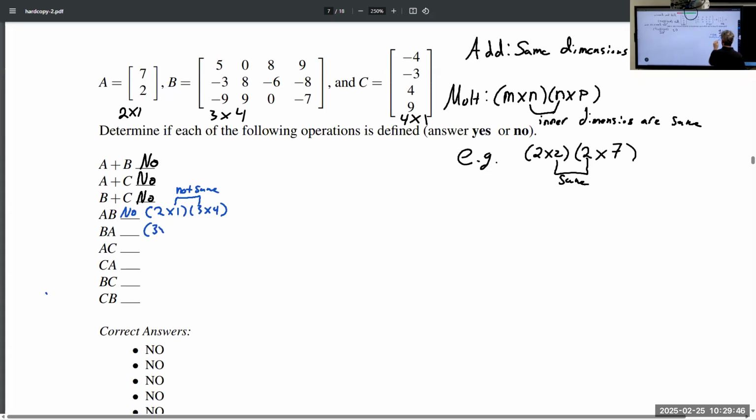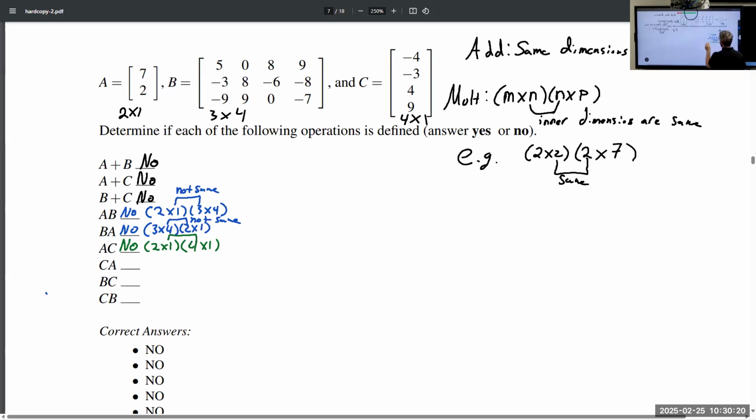Well, that's 3 by 4, 2 by 1. Those inner dimensions are also not the same. So I'm going to put no. What about AC? That would be 2 by 1 and 4 by 1. And these inner dimensions are not the same.